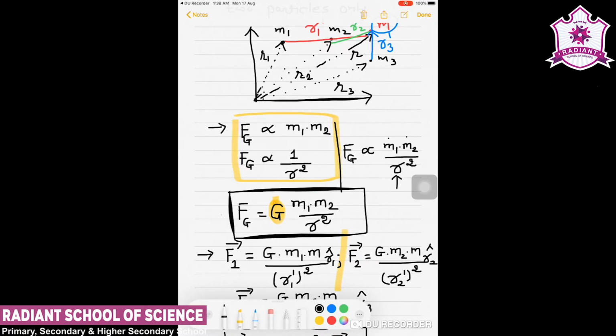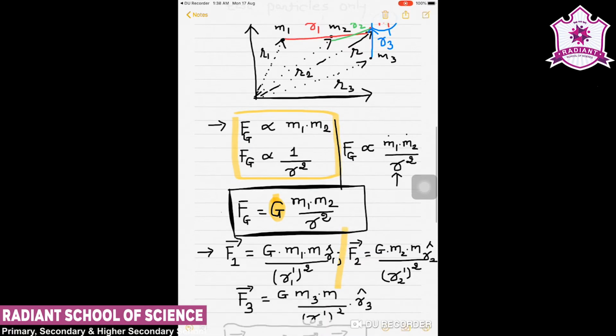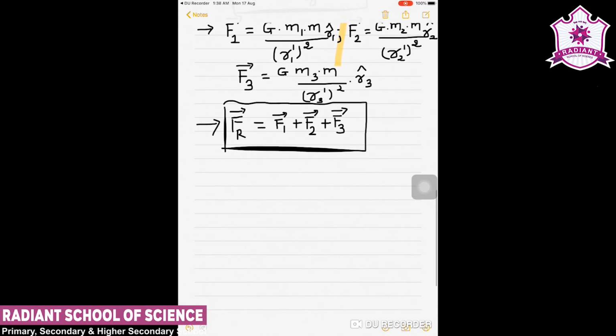About this gravitational acceleration and gravitational constant also, we have to understand something. This G is called the gravitational constant. Its value is 6.67 × 10^-11.